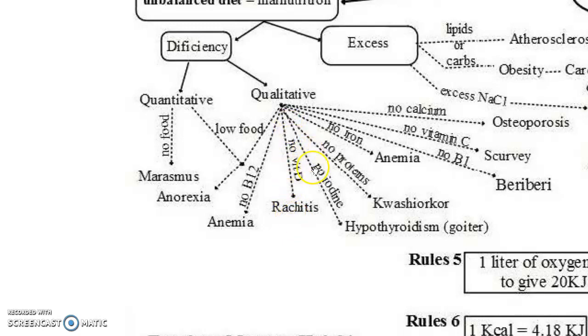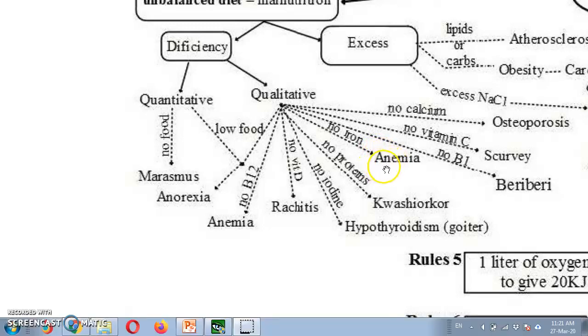And deficiency of iodine mineral leads to a case of hypothyroidism, while if protein consumption is very deficient, then kwashiorkor will take place, and when iron is not taken by food and is deficient, it also leads to the case of anemia.